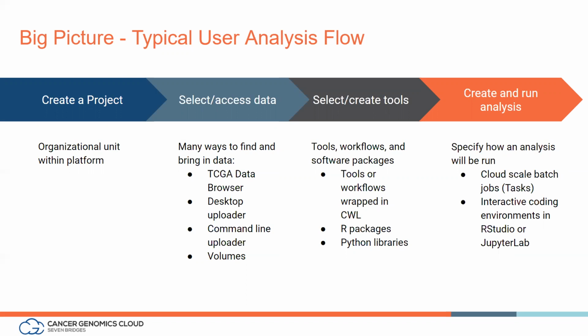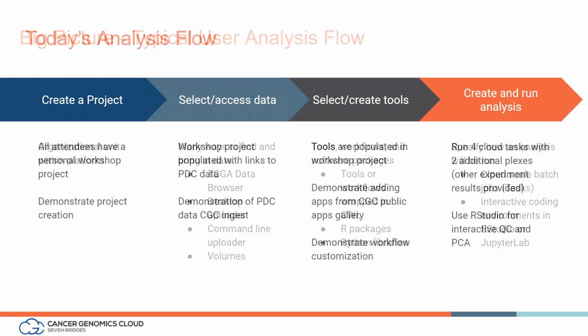But the flow is you make a project, you select your data in multiple different ways, and we're going to focus on one way today, which is ingesting data from the PDC. Then you select your tools from the public apps gallery. And finally, you run your analysis, and you can do interactive analysis in RStudio or Jupyter Lab, or you can use cloud scale batch jobs, which we call tasks, which we'll talk about later.